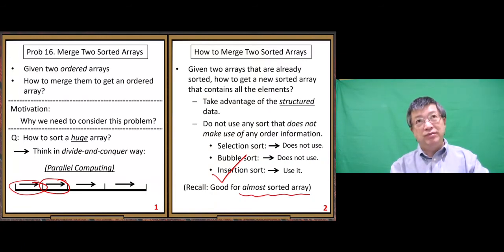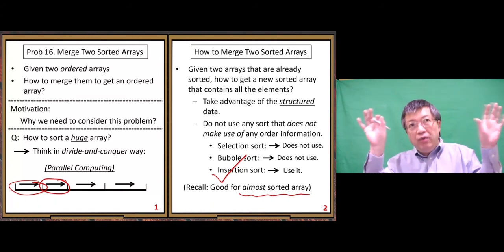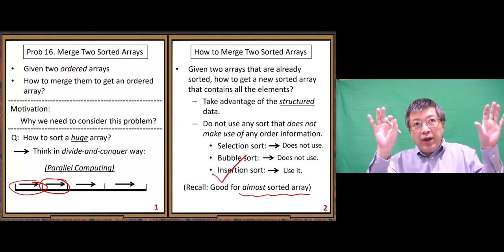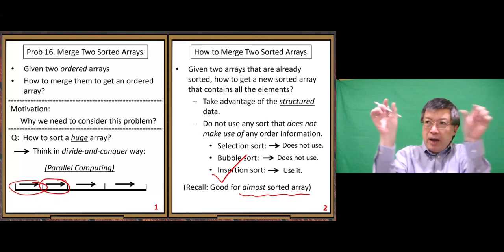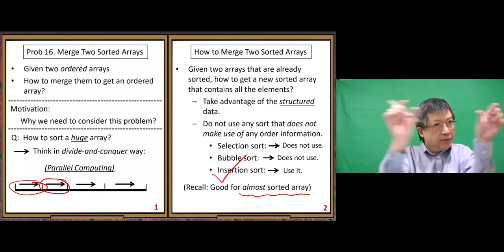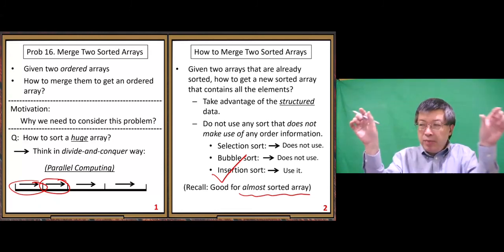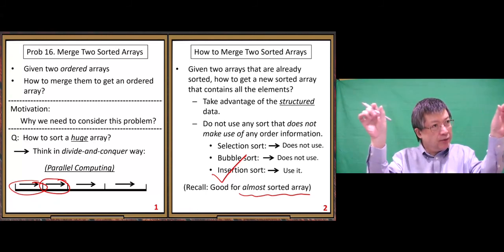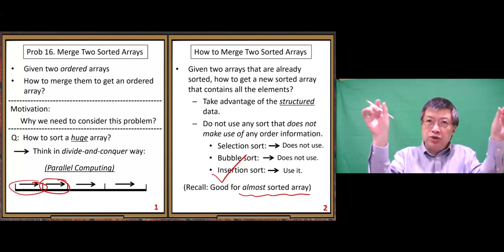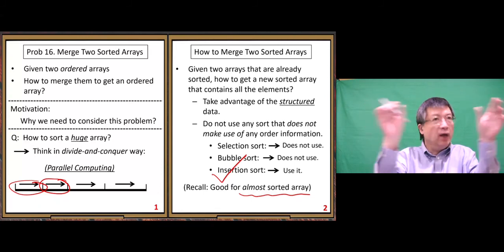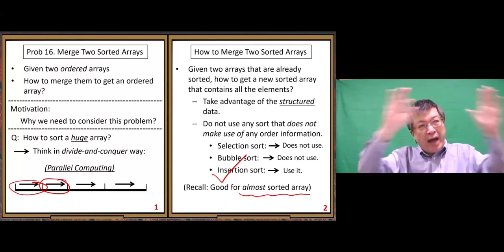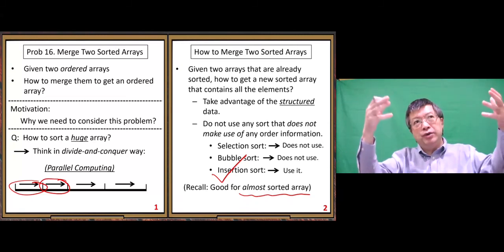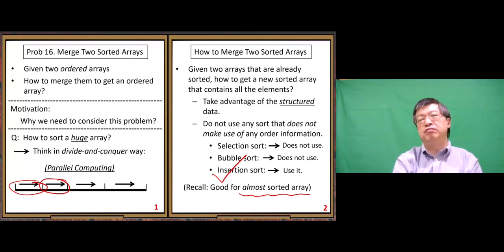In our discussion after the insertion sort, I mentioned if an array is almost sorted, with only a few scattered places, clusters, where the data is not ordered, and all other places sorted, for that situation insertion sort is a good solution.